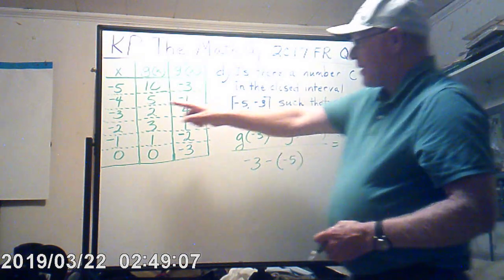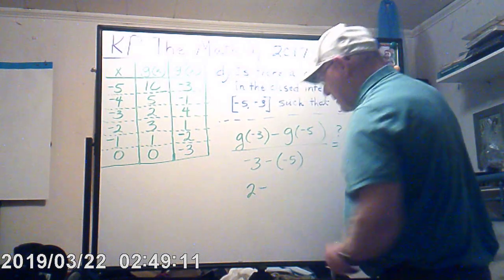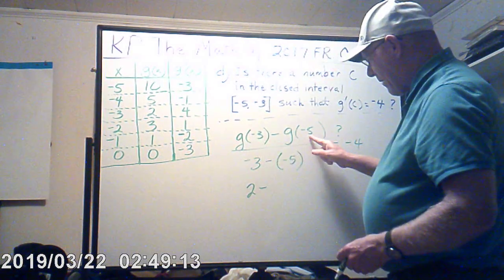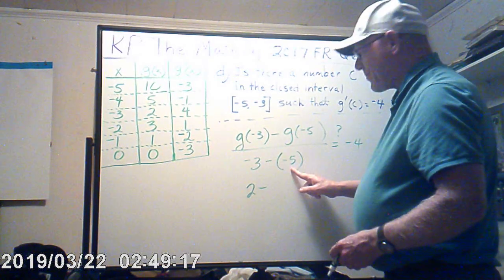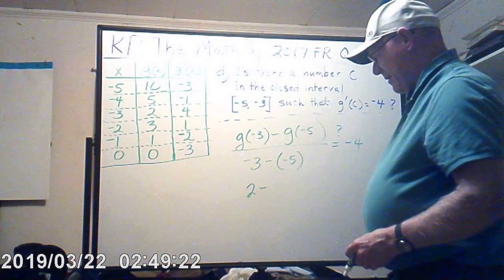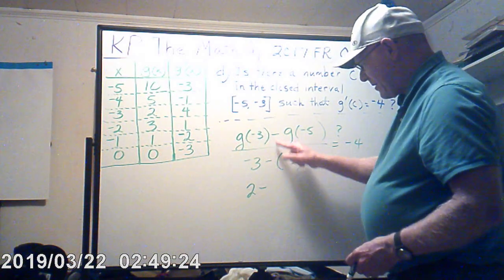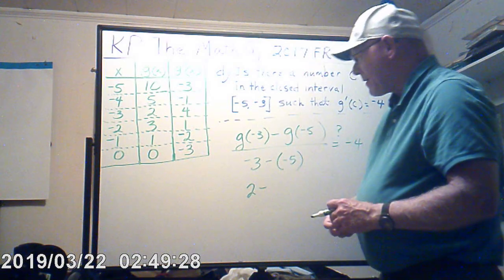g at -3, let's look at it, is 2. I'm going in the order. If you go -3, -5 here, you must go -3, -5 here, with a minus sign in between. This is slope, and slope is going to have that minus sign. Keep that in mind.